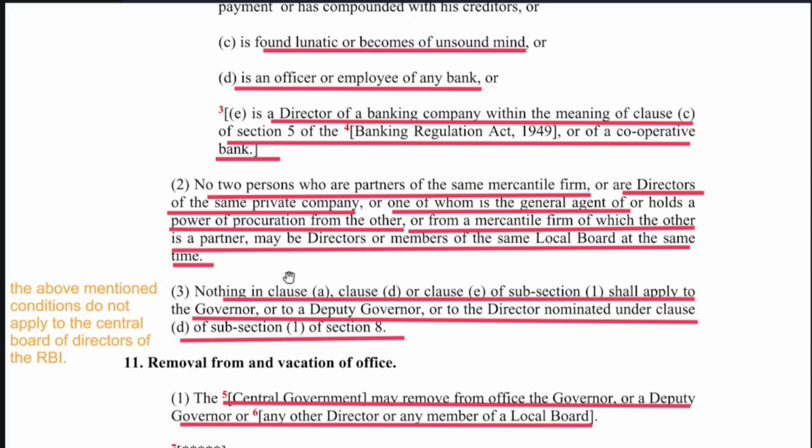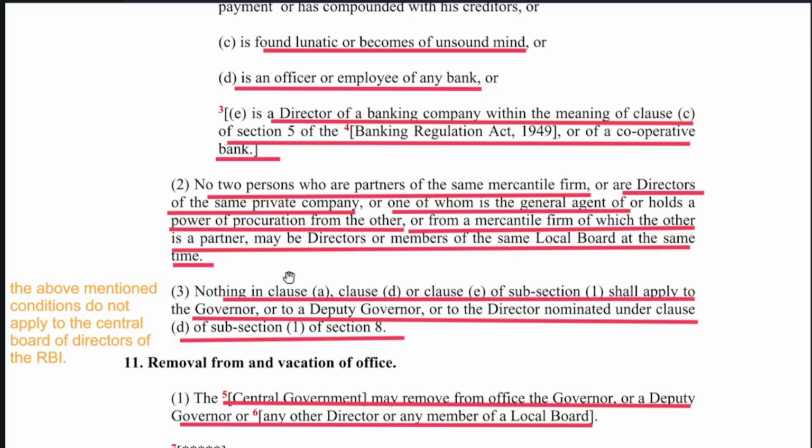They can be the members of the local board at different points of time, that is allowed, but they should not be the members of the same local board at the same time when in their respective organizations, which may be a firm or a private company, they are the partners at the same time, as well as the directors of a company.